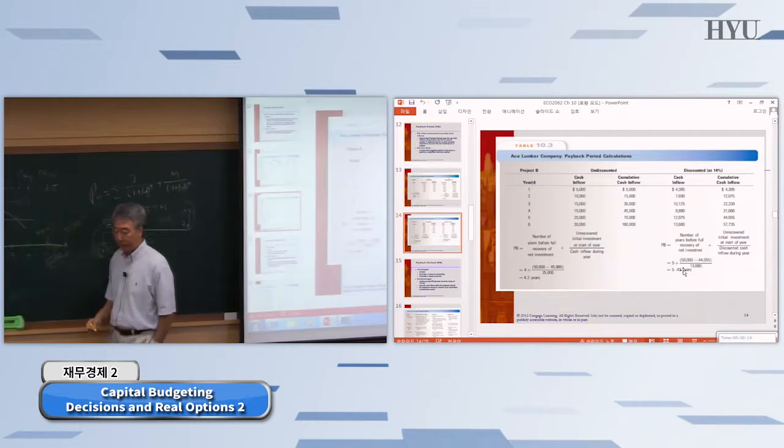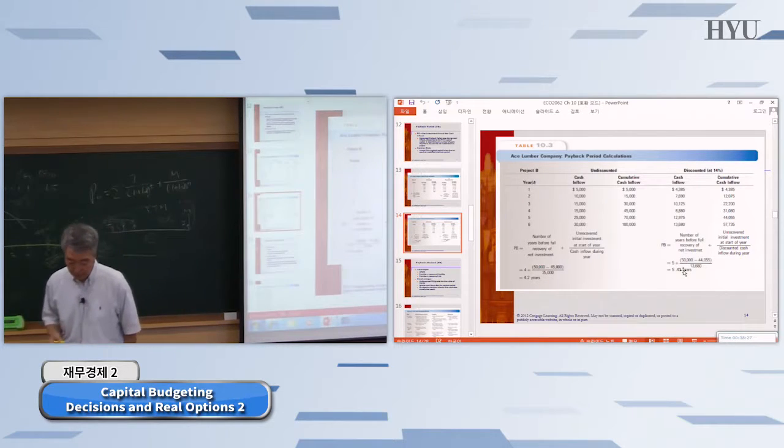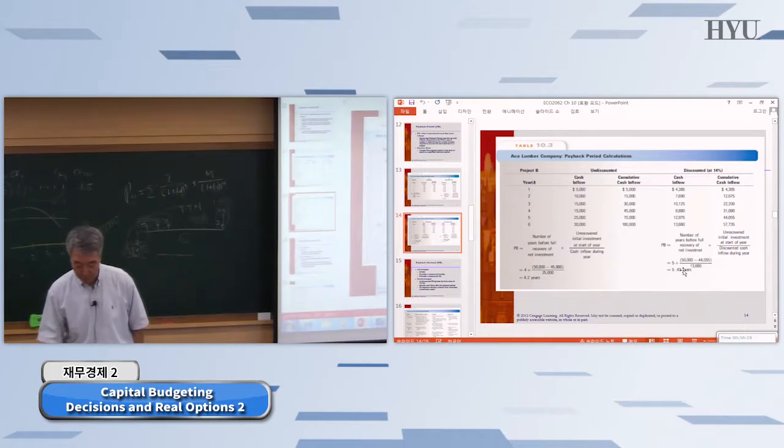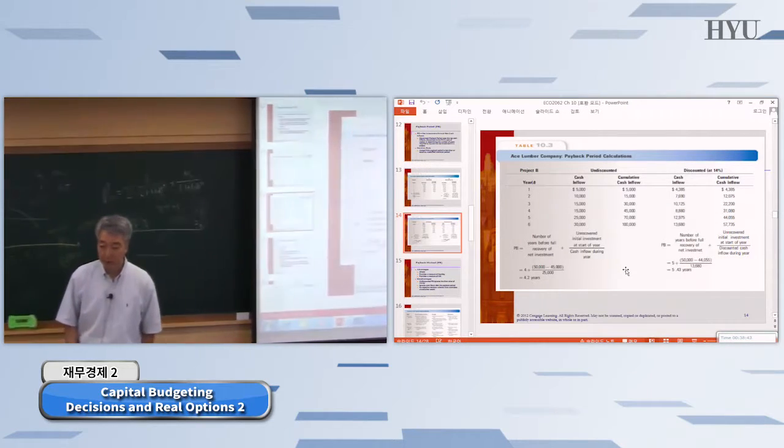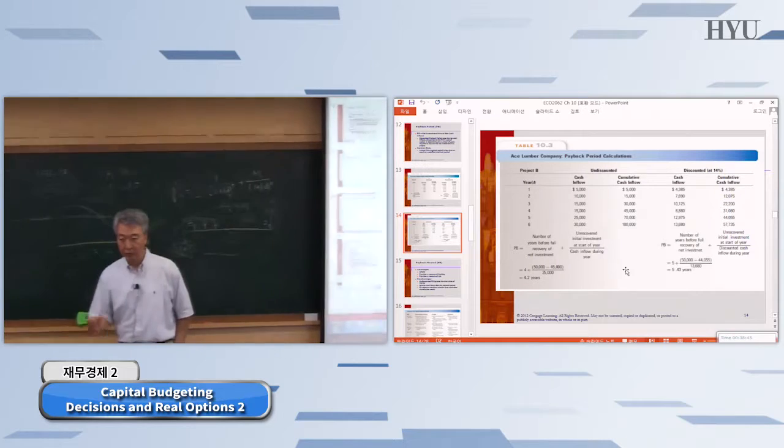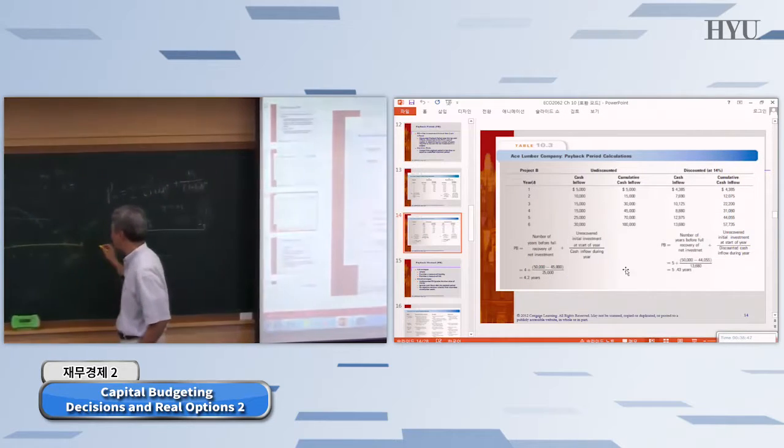So, what they do is they calculate this distance, 50,000 minus $44,055, and divide it by the annual cash flow. The cash flow during the last year was 13,680, right? So you divide that by 13,680, and the answer is it takes about 0.43 years to recover that difference, right?